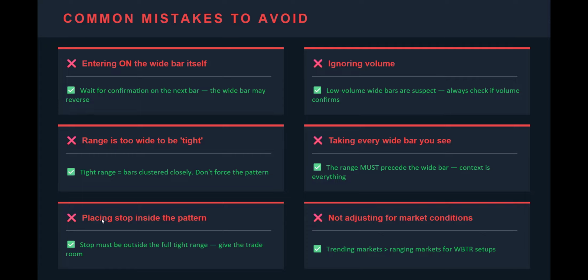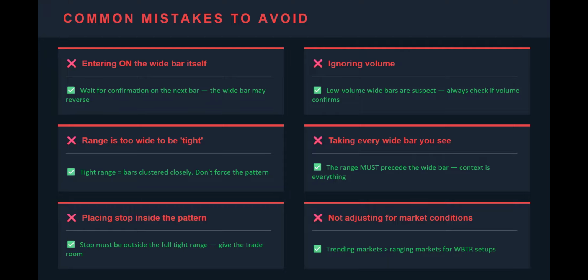Placing stop inside the pattern. You should never place a stop inside the pattern. Suppose you are a positional trader buying an asset, then do not place a stop loss inside the pattern. And you should not ignore the volume.